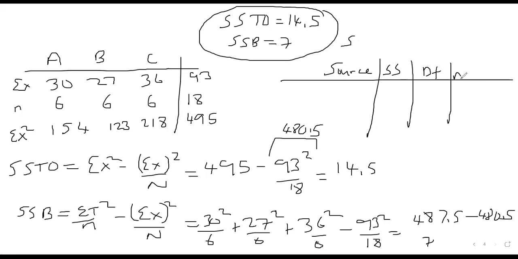Here we have mean of squares. And here we have F calculated. So what are the three sources? Between, within, and total. What is the sum of square between? 7. Total, 14.5. Any questions so far before I proceed at this point?